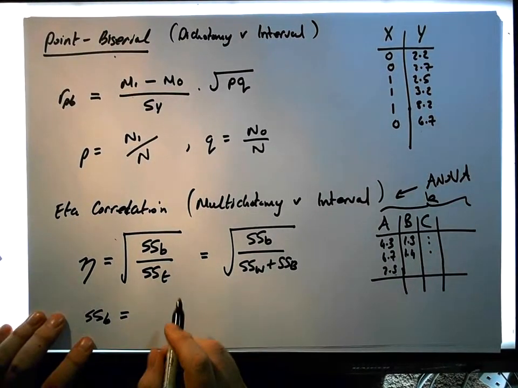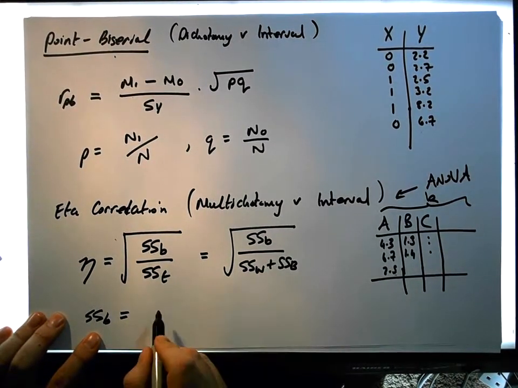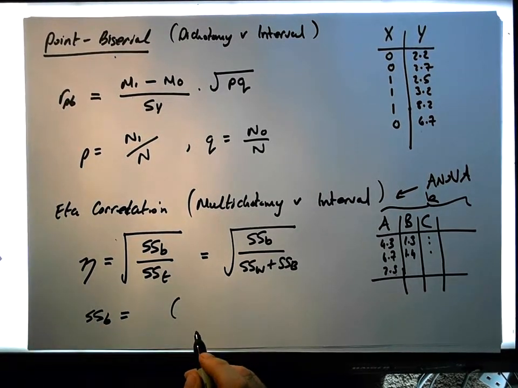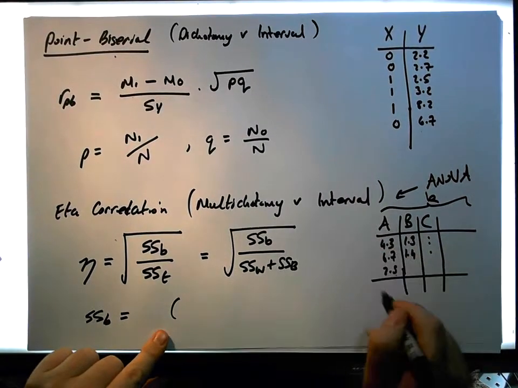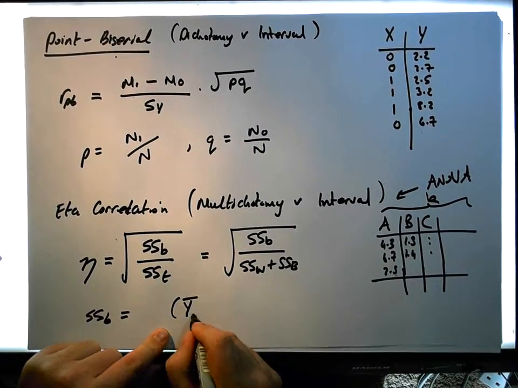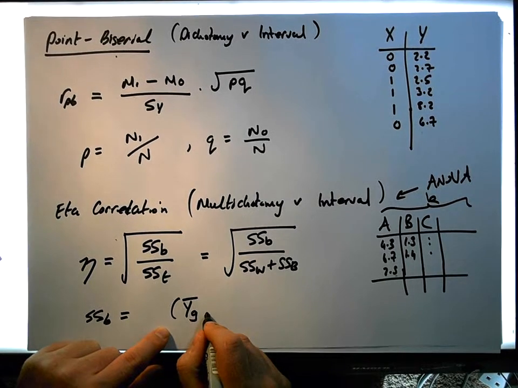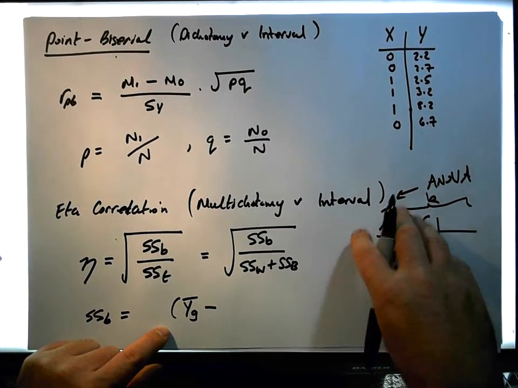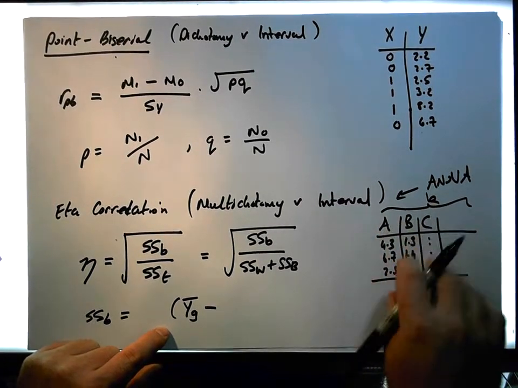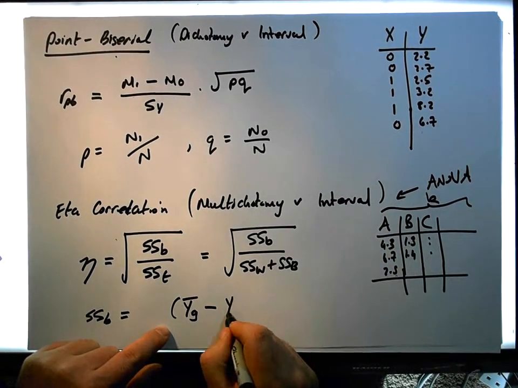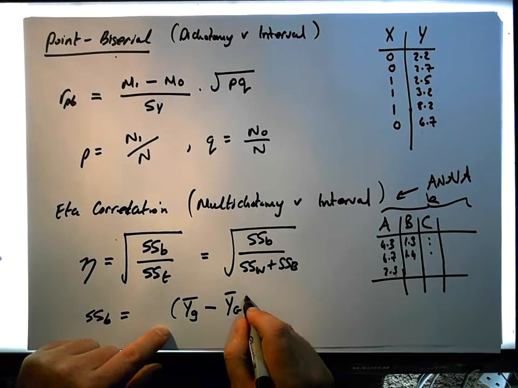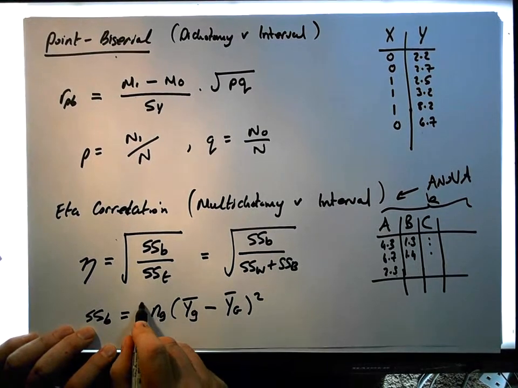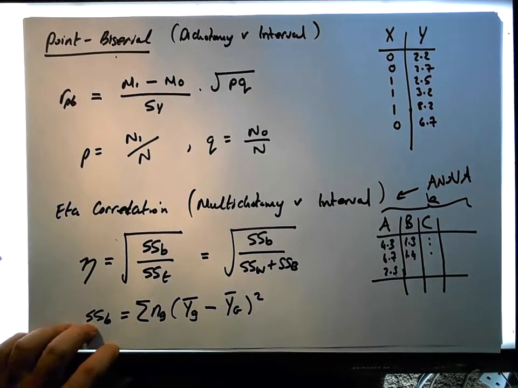The sum of squares between is equal to the distance between each group's mean, the y value for each group, and the global mean, which is the pooled mean value for all of the observations. Let's call that y bar, big G. It's the square of that, scaled by the number of observations in each group, and it's the sum of all of that.